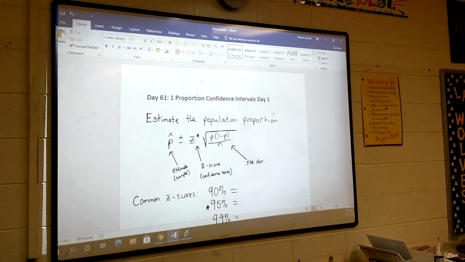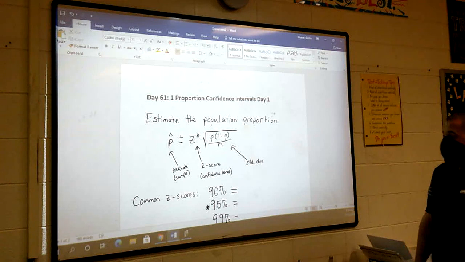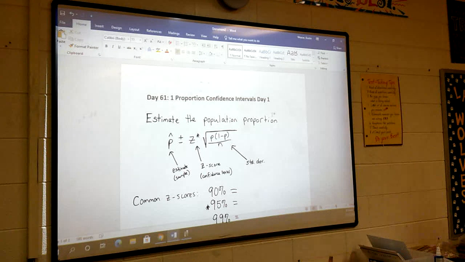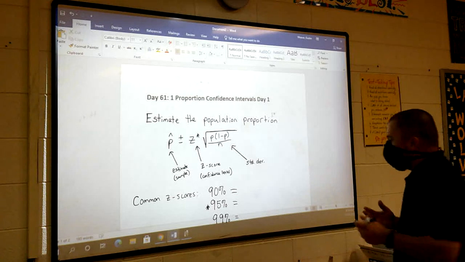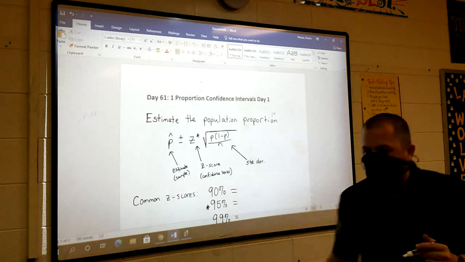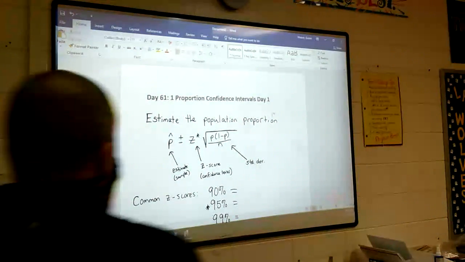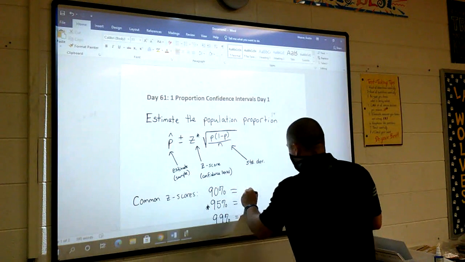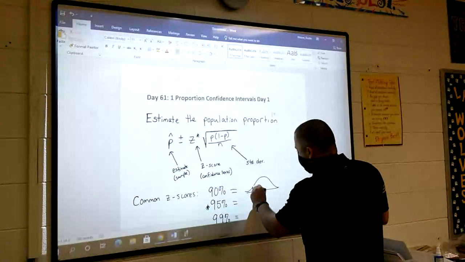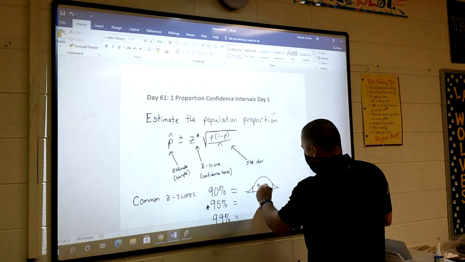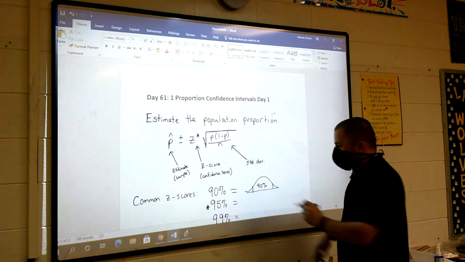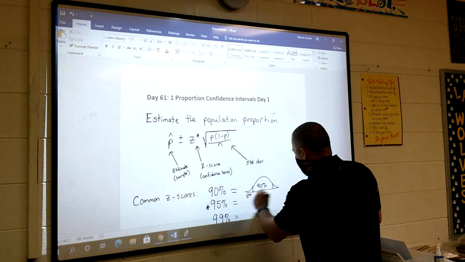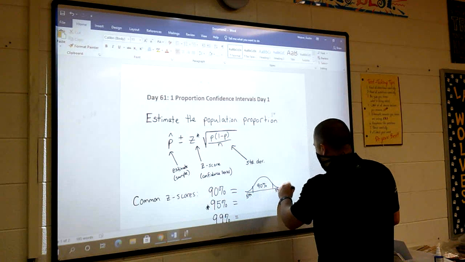All right. So there is a way to calculate these. We should memorize them, but I'm going to show you what they are as we go through. To be 90% confident, I'm going to draw a little curve and show you what it looks like. You want your 90% to be right here, which means how much is in each little tail? 5, right? So there's 5% here and 5% here where you would not be confident.